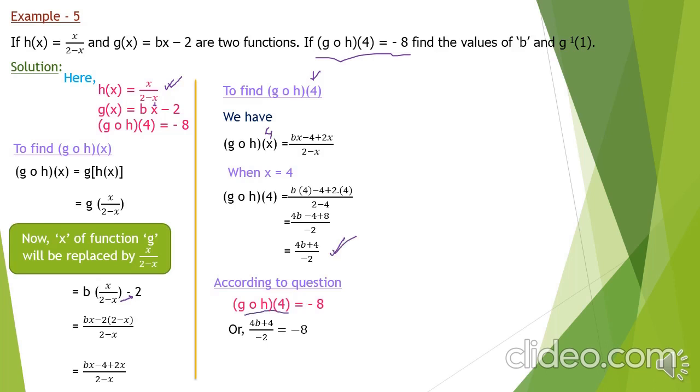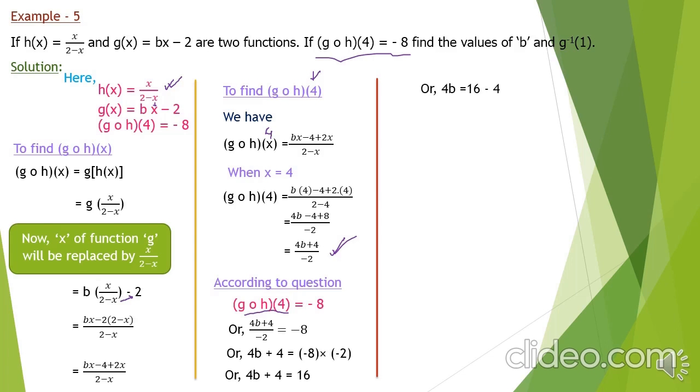On cross multiplication, 4b plus 4 is equal to 16. Now 4 goes to the right hand side, 4b equals 16 minus 4, that will be 12. 4b is equal to 12. You can cancel 4 and 12, and it gives 3. So the value of b will be 3.